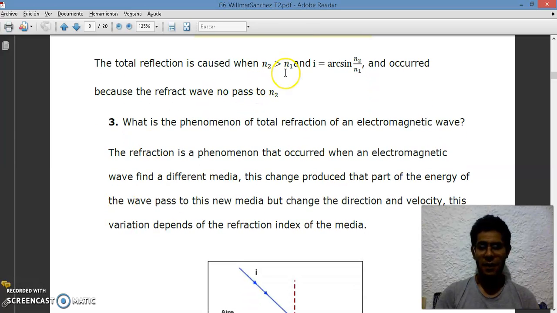This is the condition to have a total reflection.